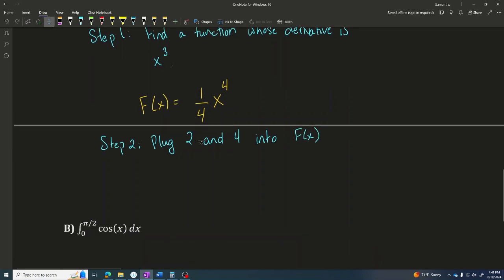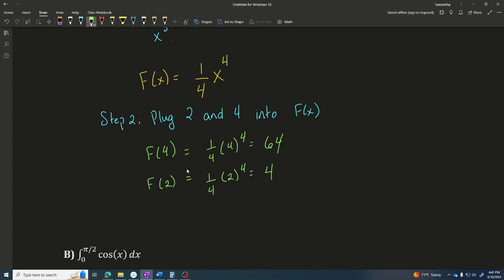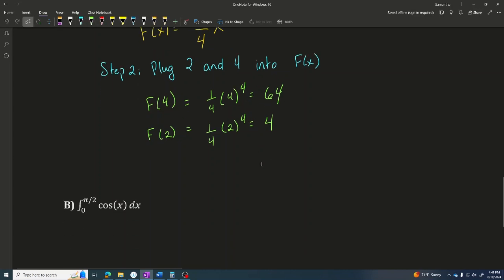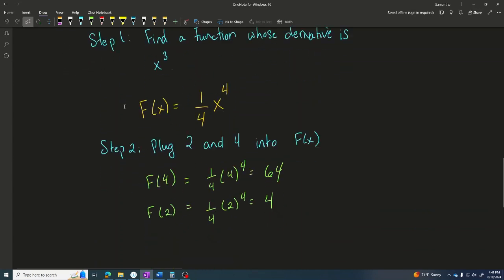So we would be plugging those values, 2 and 4, into this function. So F evaluated at 4 would be 1/4 times 4 to the power 4, which is 64 units, if I have that right. F evaluated at 2 would be 1/4 times 2 to the power 4. So that would be 4 units if I remember correctly. So this would be F evaluated at our upper limit and F evaluated at our lower limit.